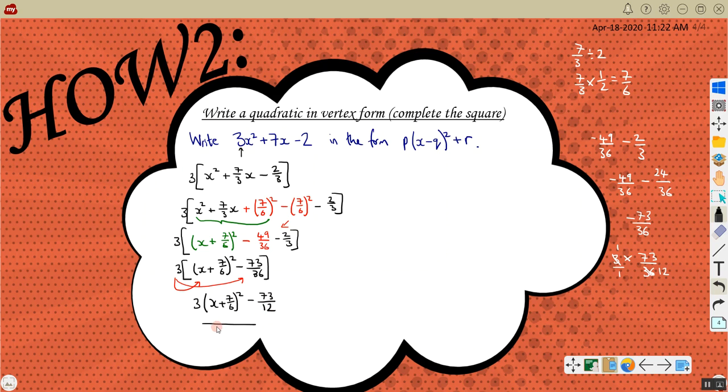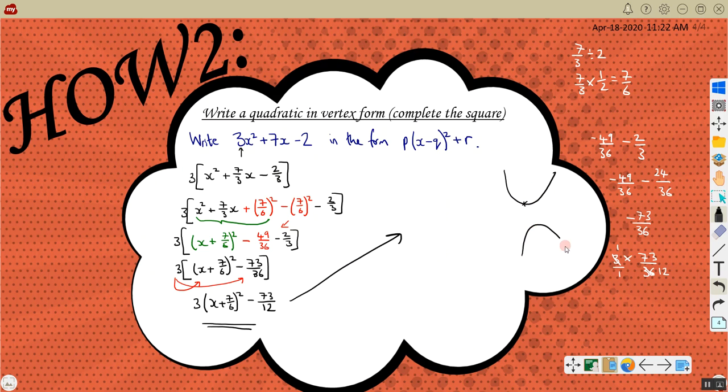So we have now completed the square. We've put it into vertex form. We have written it in this form. If I was to expand all this, I would get back to my original quadratic. Why is this form useful? It tells us where the vertex is. The vertex is where the graph changes from a negative gradient to a positive.